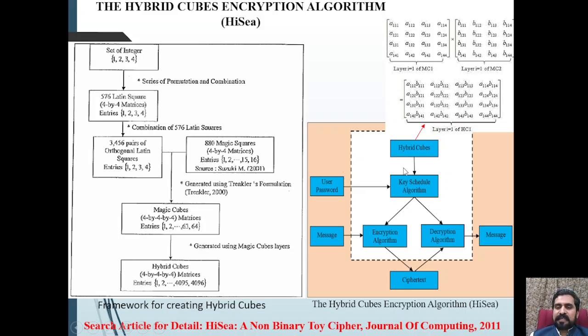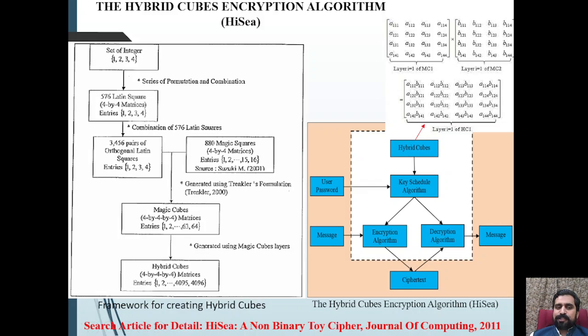In the second part, we see how they generate the hypercube and how the hypercube encryption algorithm works. The first step in the development of HiSea is to generate the hypercube, which is the main element in the construction of the key scheduling algorithm and the encryption and decryption algorithm.